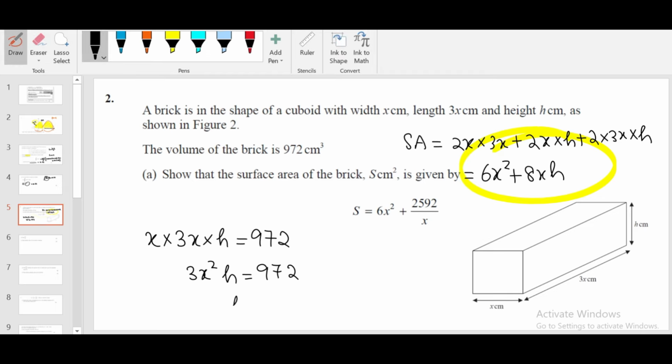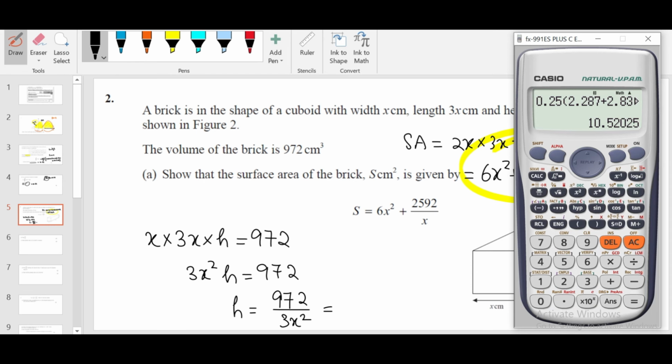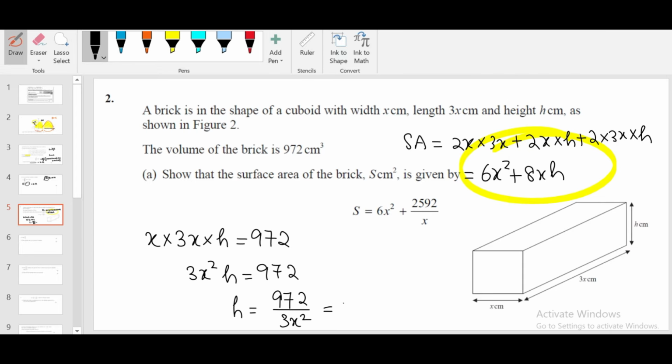So I'm going to find h here, which is 972 over 3x square. 972 over 3 is 324. So I'm going to sub in the place of h now. 324 over x square.